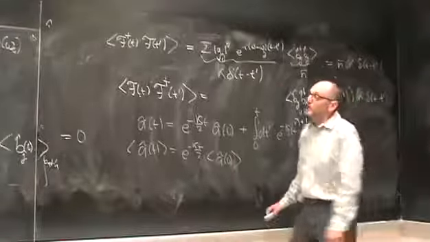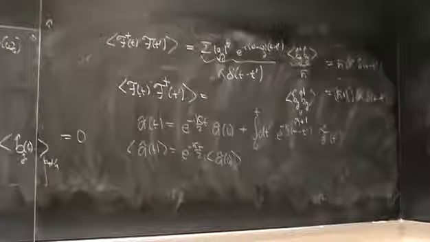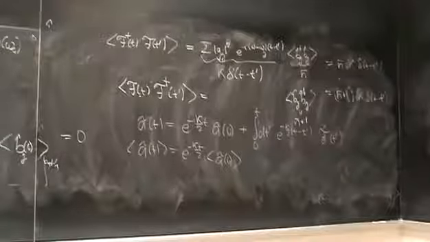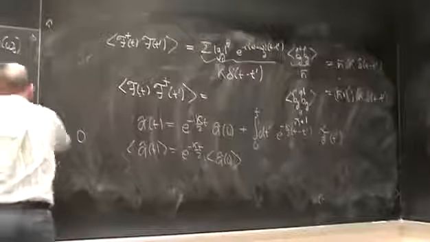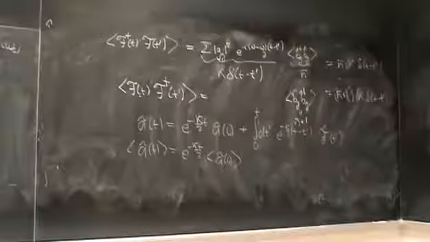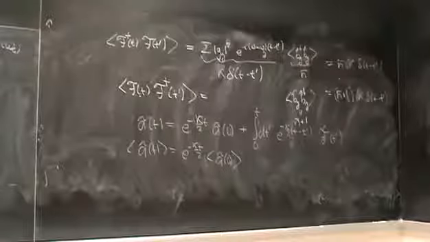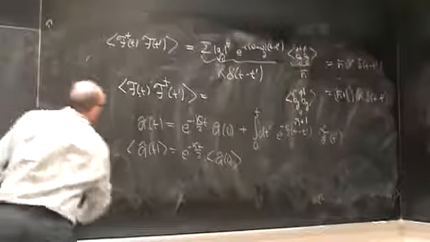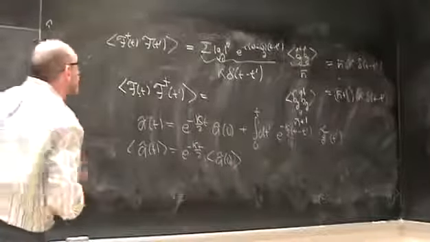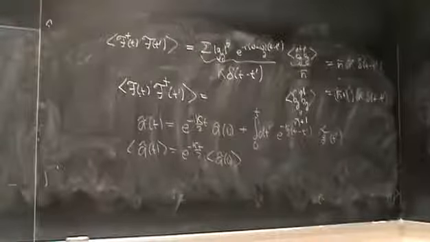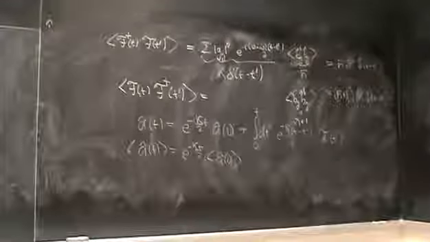But now let's look at the fluctuations. In particular, let's look at the commutator of this Heisenberg operator with the dagger at equal times.